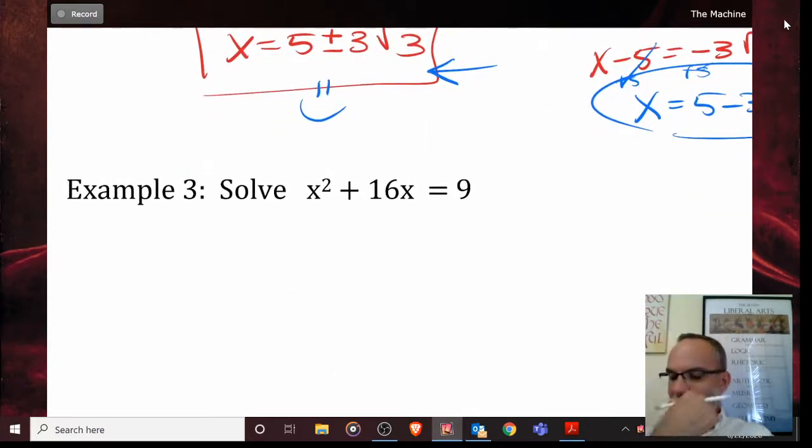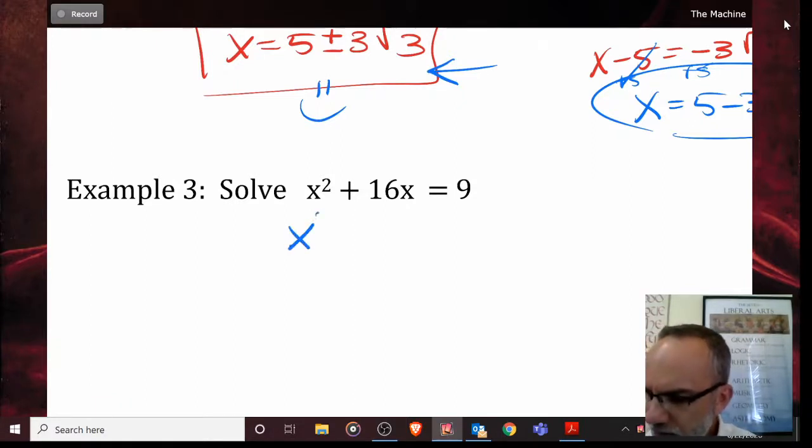Ooh, look at this. What am I going to do with that? Well, I could subtract 9, but is that a perfect square?